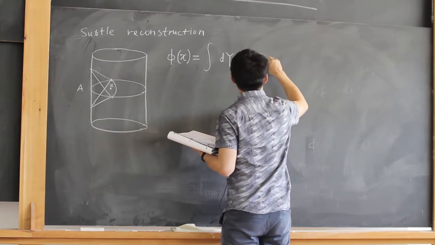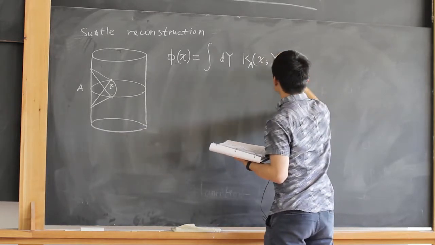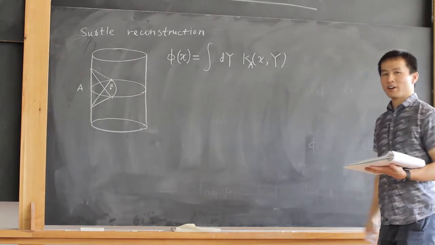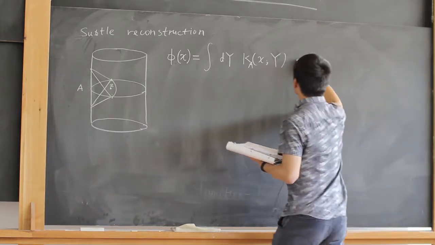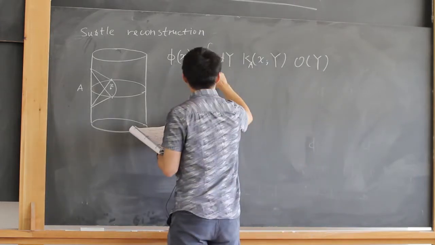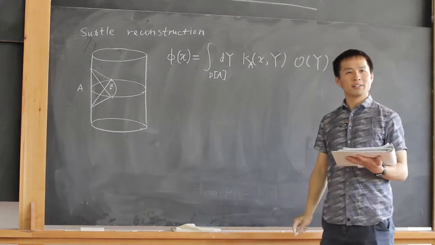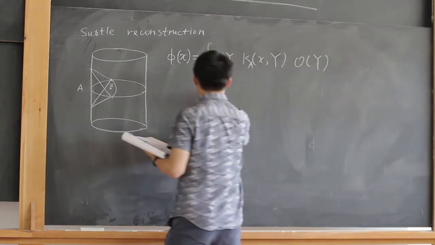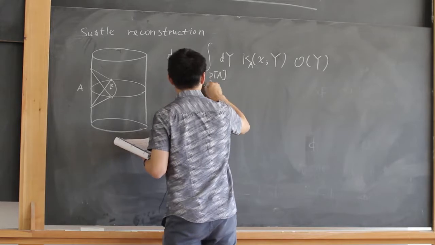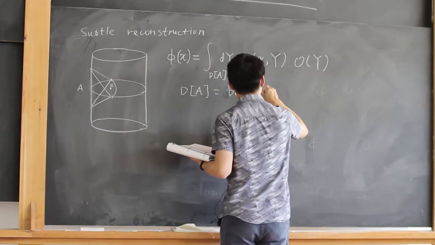So we still need to involve a smearing function, but now because we have chosen a specific region A, the smearing function will depend on A. We roughly have the same equation, but now the integral is done on this domain of dependence that we have seen earlier this afternoon for A, D of A. It's important that it's the boundary domain of dependence.